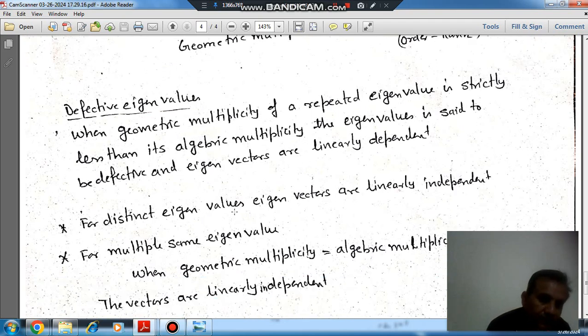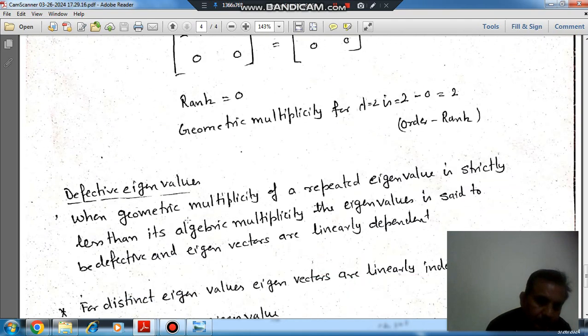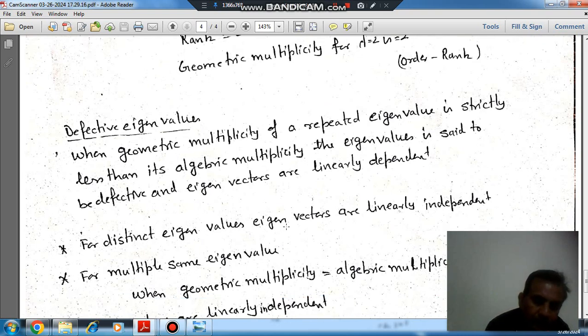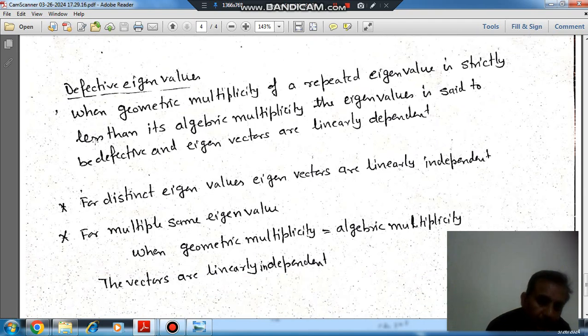For distinct eigenvalues, this discussion is about when repeated eigenvalues are there. So when distinct eigenvalues are there, they are not dependent upon each other, so they are linearly independent. When the algebraic multiplicity is more than 1, or we have multiple same eigenvalues, and the geometric multiplicity is equal to the algebraic multiplicity, then the vectors are linearly independent.